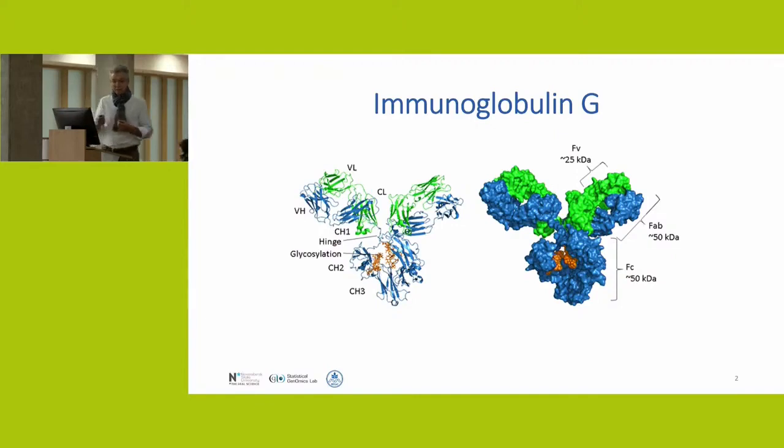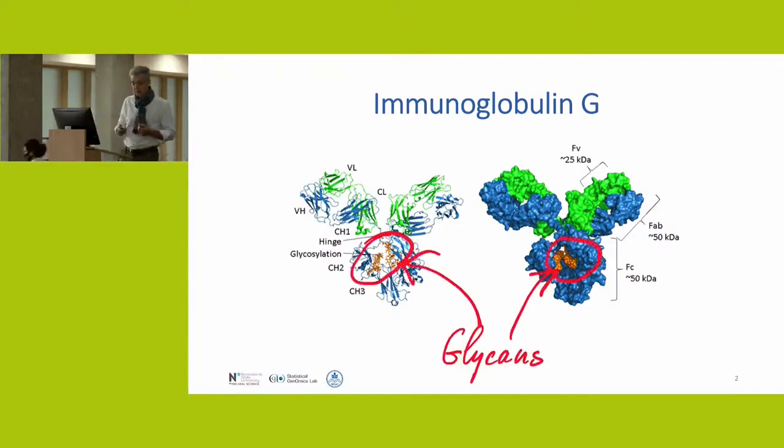Right, and here, these small brown structures are glycans which attach to a specific site on the backbone of IgG. And then you may say, actually, in my old immunology textbook, there was this schematic of IgG, and there was nothing about glycosylation of IgG. So is that at all important?